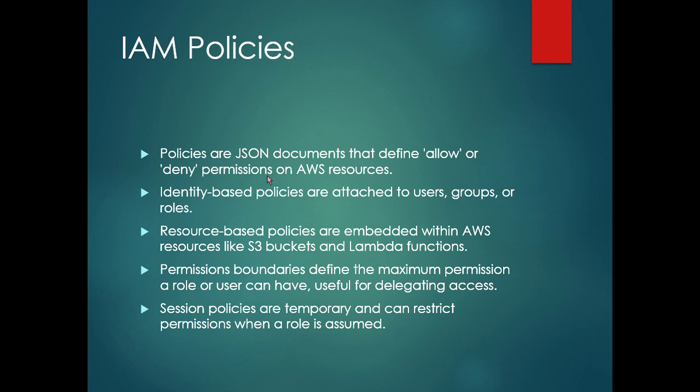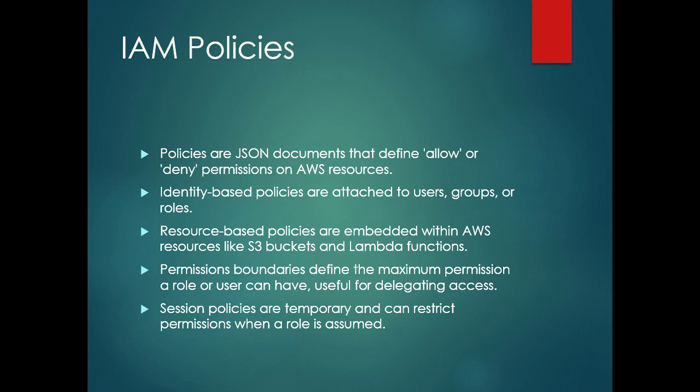Let's move to IAM policies. Policies are nothing but documents written in JSON format that define allow and deny permissions. So policies are JSON documents that define, allow or deny permissions on AWS resources.